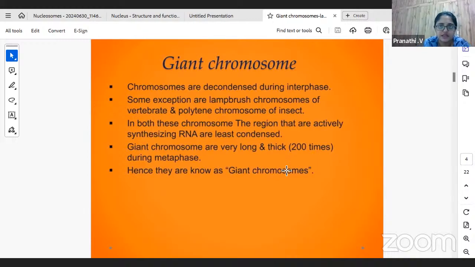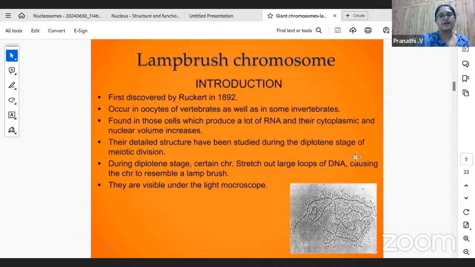These giant chromosomes are very long and thick, and you can see this during metaphase. That is why they are known as giant chromosomes. In both these chromosomes, RNA is actively synthesized and they are not condensed properly. They are the least condensed. An example of this is the lampbrush chromosome.